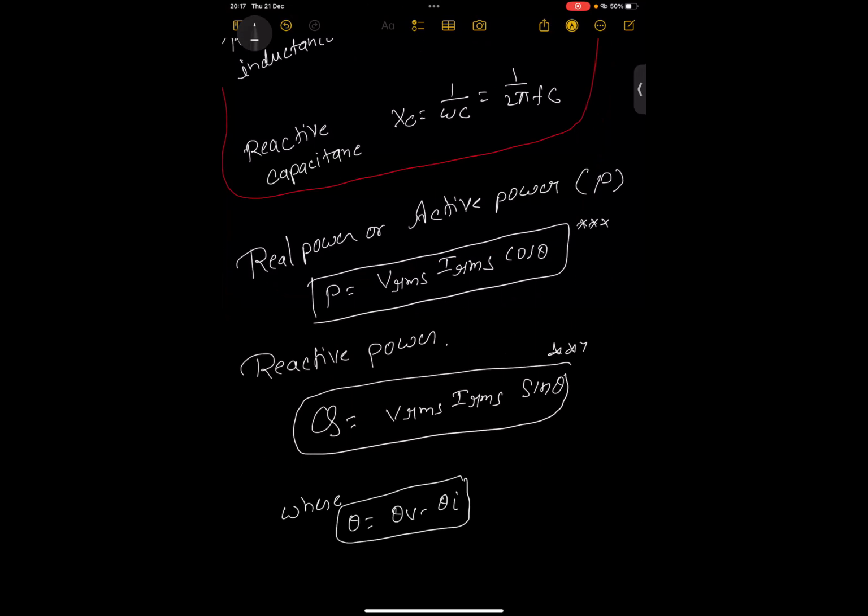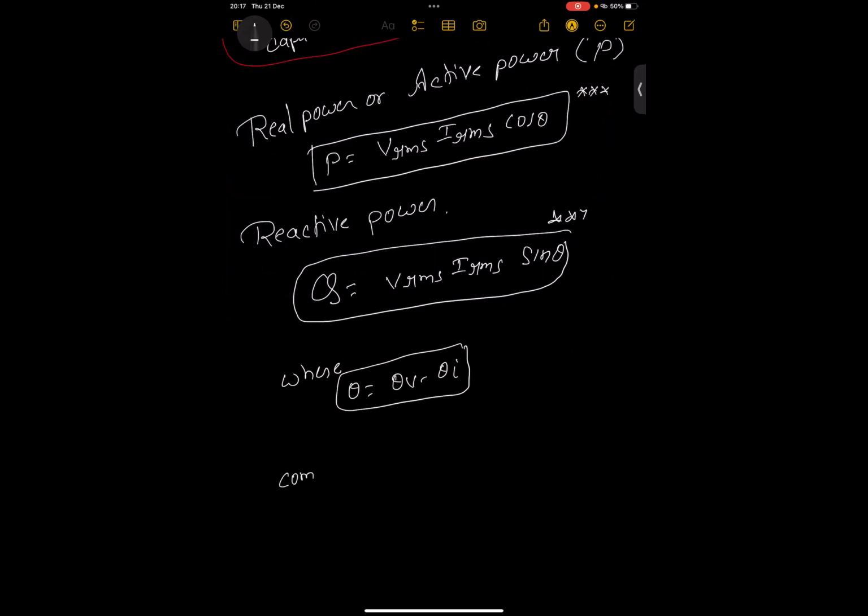Okay, and the complex power is equal to S, that is P plus JQ, and the apparent power is nothing but the vector sum. So the magnitude of the vector, the apparent power, is the square root of P square plus Q square.